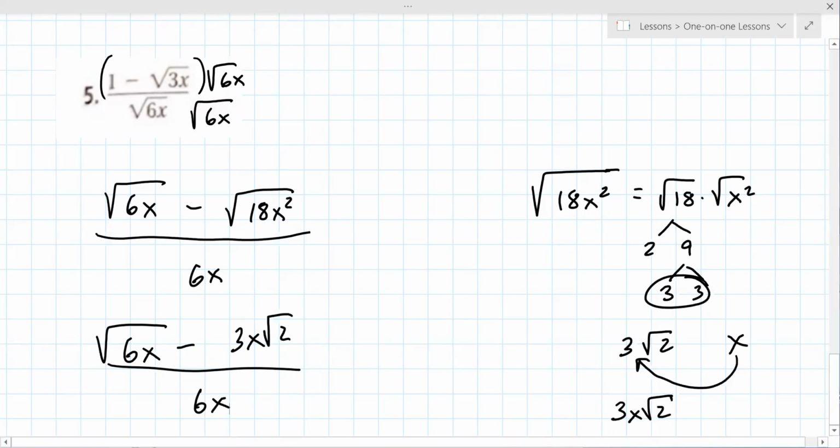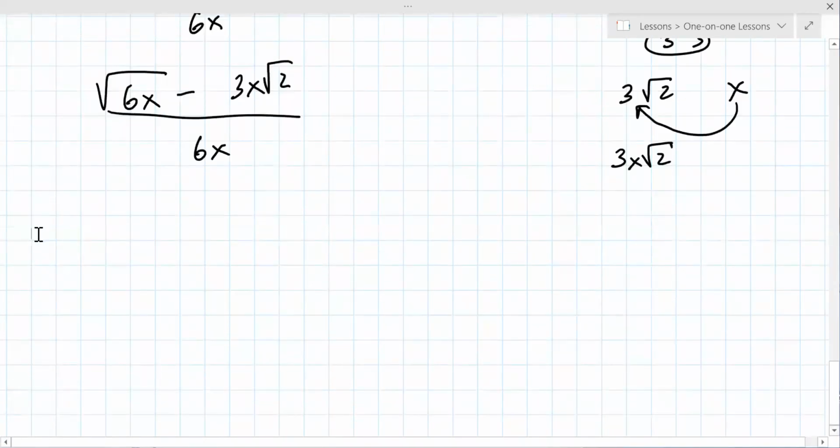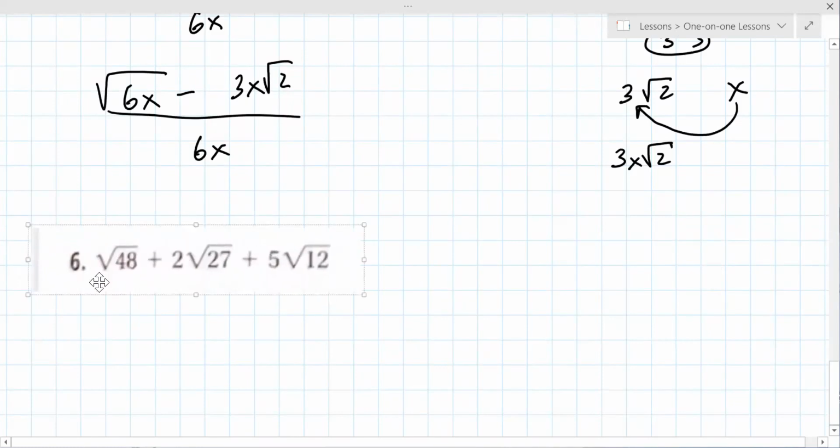Okay, 6 is a question that relies on the same skills we've just been tackling, but this time you have 3 separate problems, and then you combine the results. So like 48, 2 and 24, 2 and 12, 2 and 6, 2 and 3.